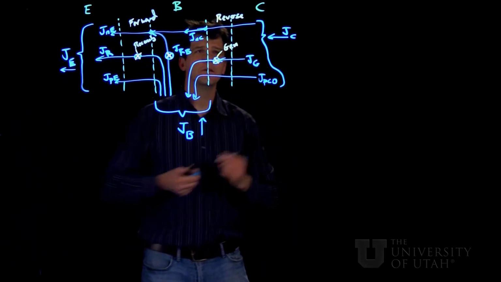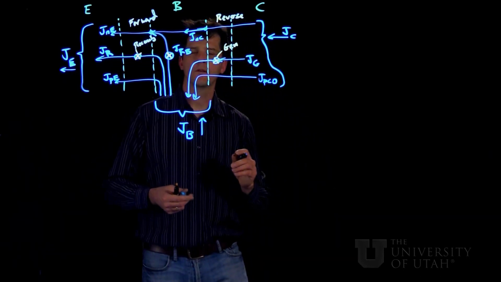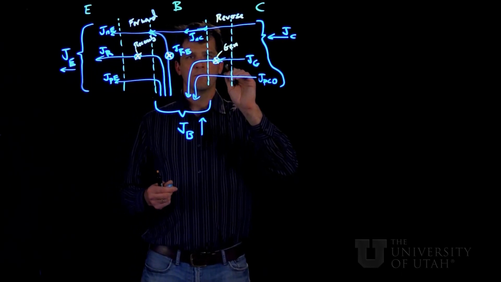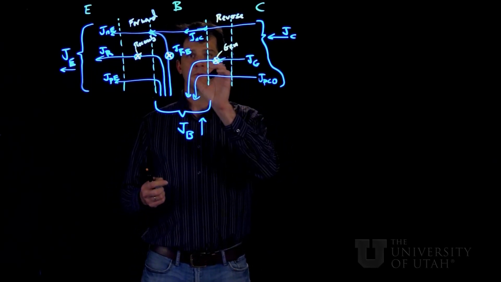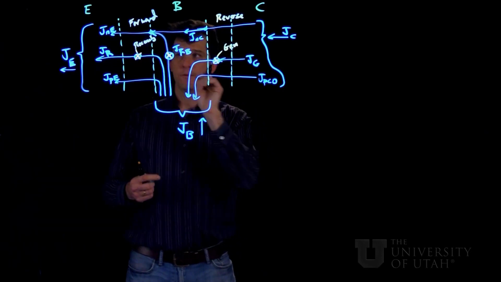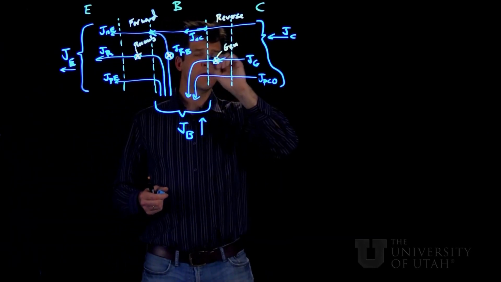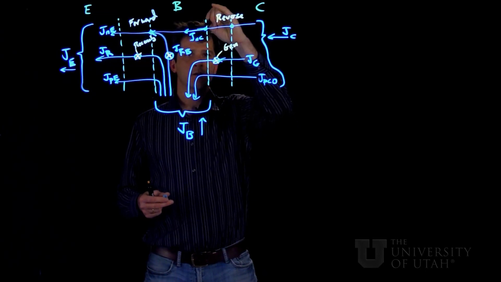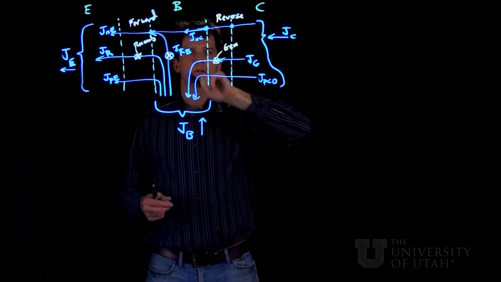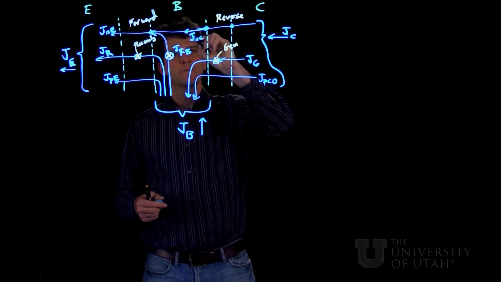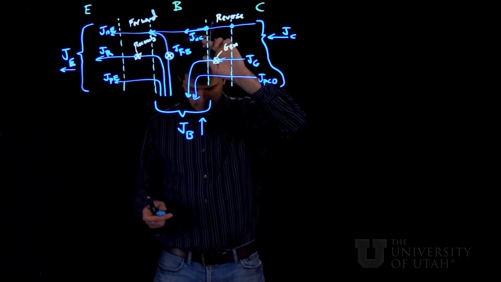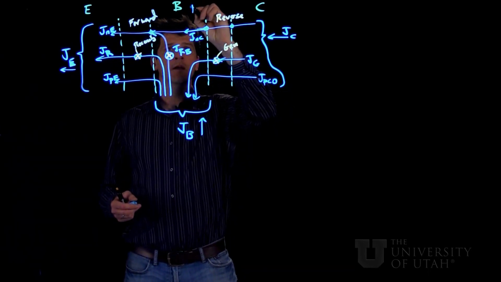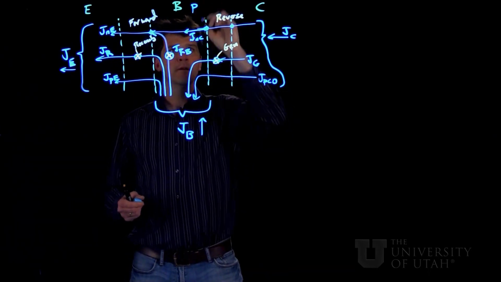Then we have diffusion currents in all of the quasi-neutral regions. So if we assume that right here at the edge of the depletion width, we can know the minority N concentration right here.